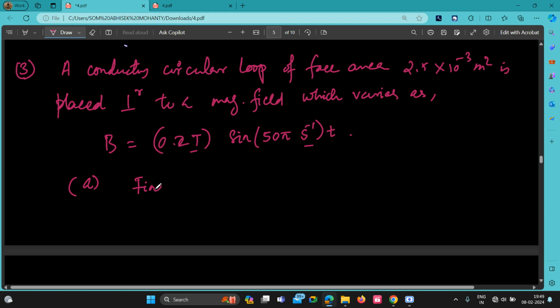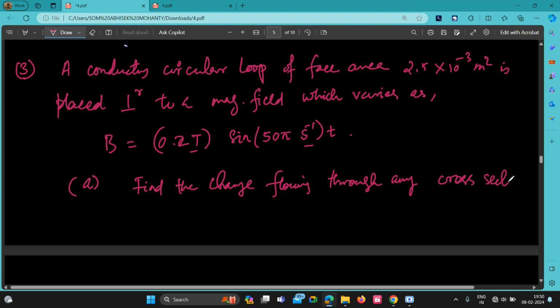Find the charge flowing through any cross section during the time t is equal to 0 to t is equal to 40 millisecond.